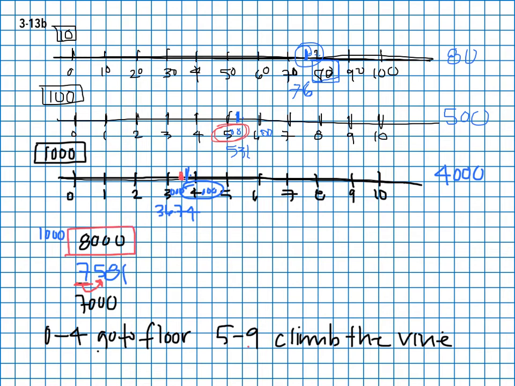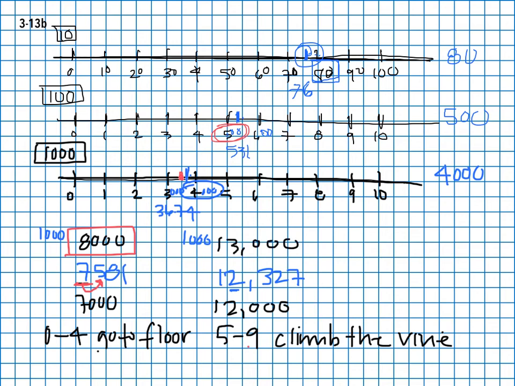Let's look at this one then. 12,327, and let's round to the nearest thousand again. Nearest thousand is here, so is it going to go to 12,000, or is it going to go to 13,000?